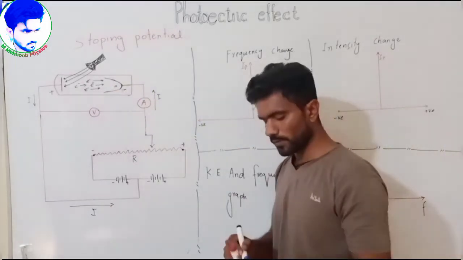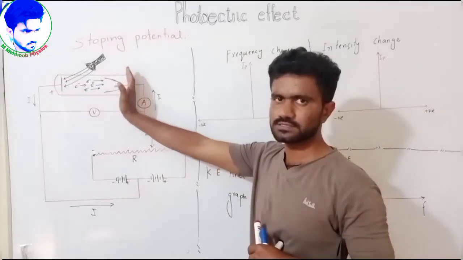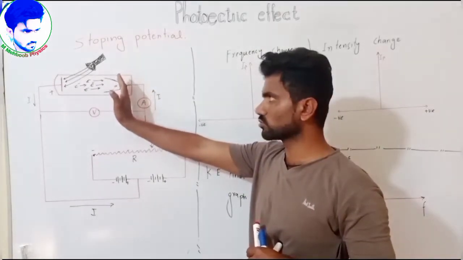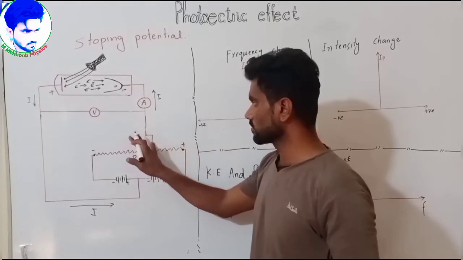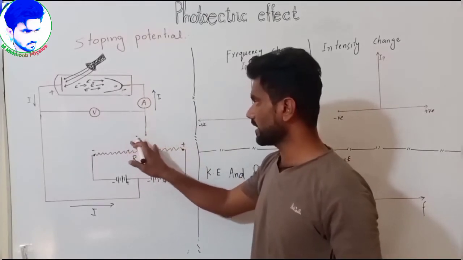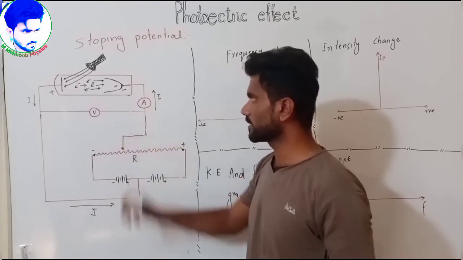So now we want that not one electron reaches that cathode. So we make this plate more negative and place this terminal at that point.